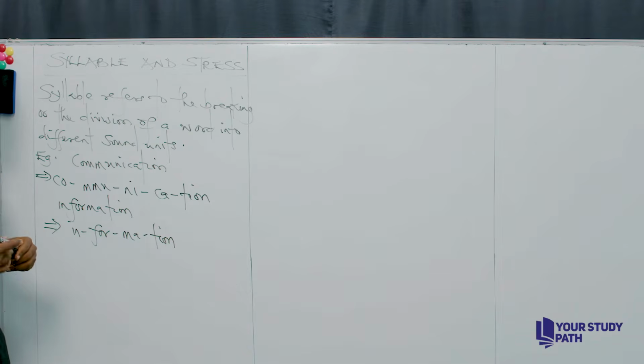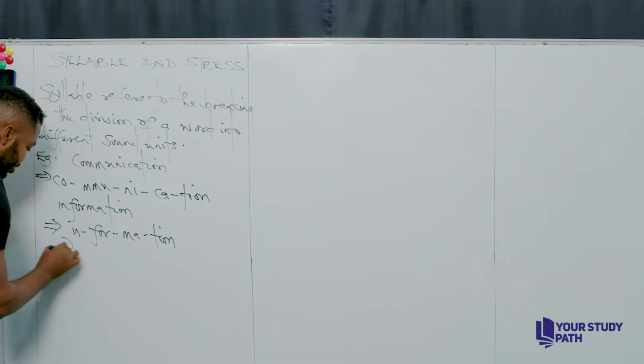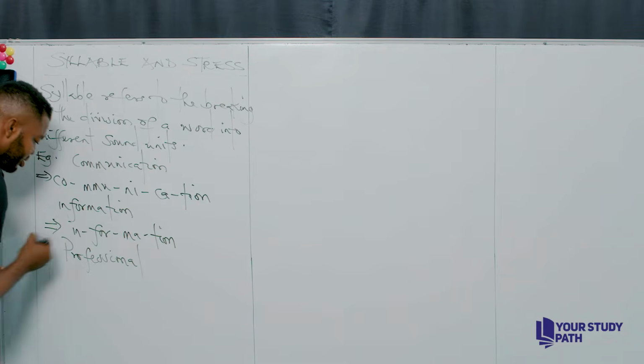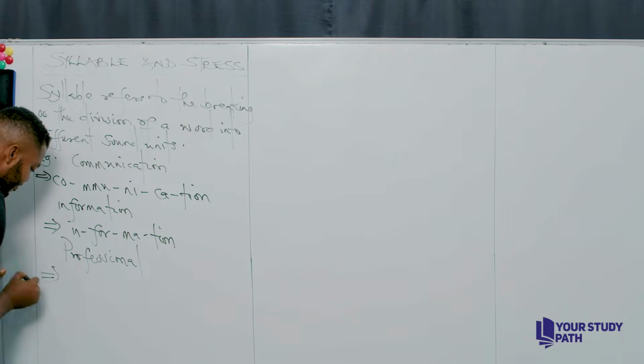Now, for syllabic division, I would prefer you use the hyphen, all right, instead of the forward slash. So use the hyphen. That helps you to break words into different syllables. Let's take another word. For instance, let's have professional. So in professional, you have a syllabic division as PROFESSIONAL.